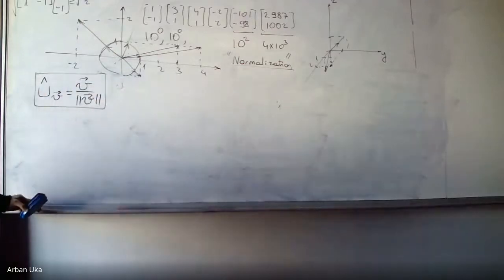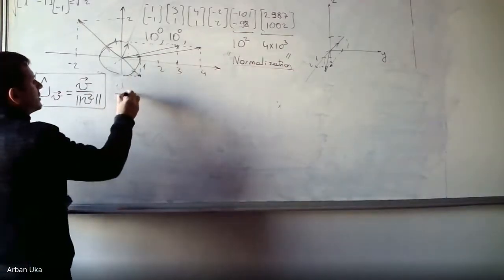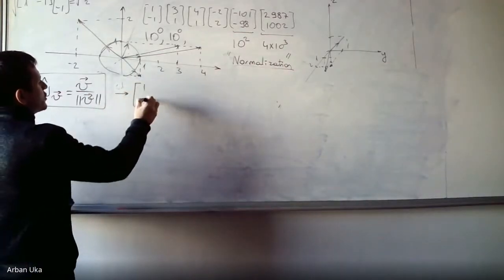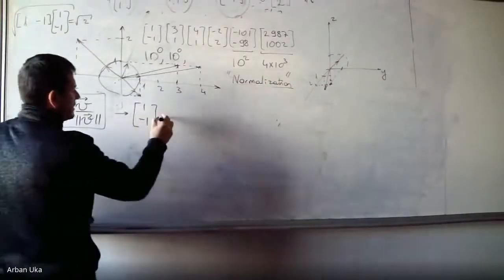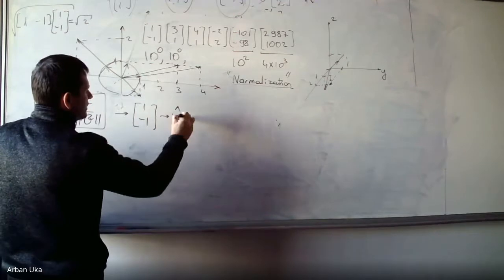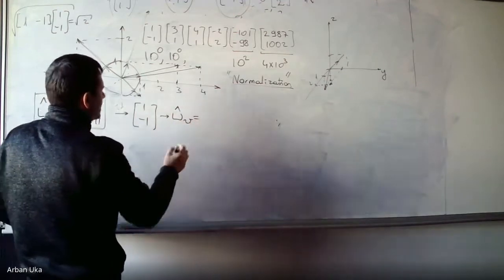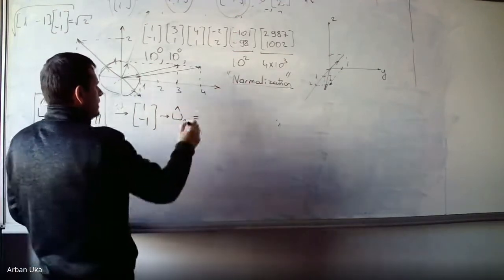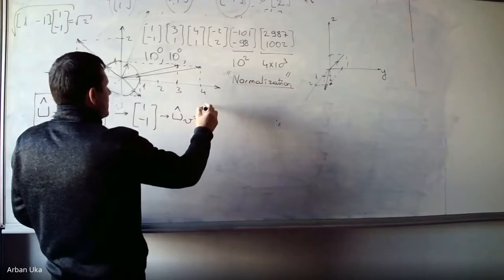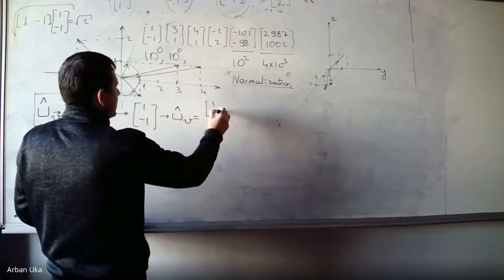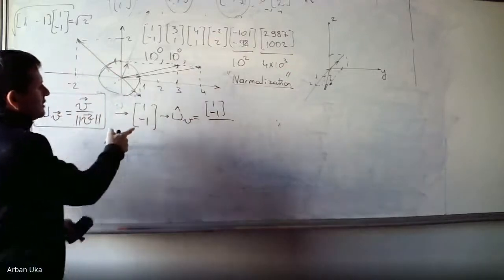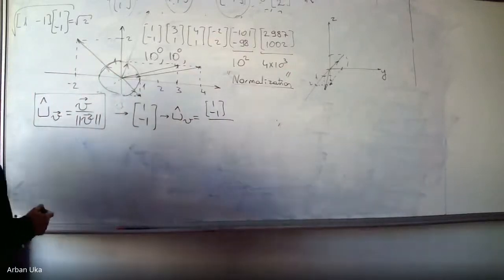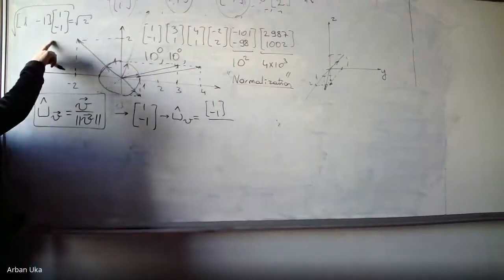And now let's find, for example, the unit vector of the vector 1, minus 1, which we have here on the board. This is our vector v, and this unit vector along v is going to be equal to 1, minus 1 divided by the magnitude. I think we did it.